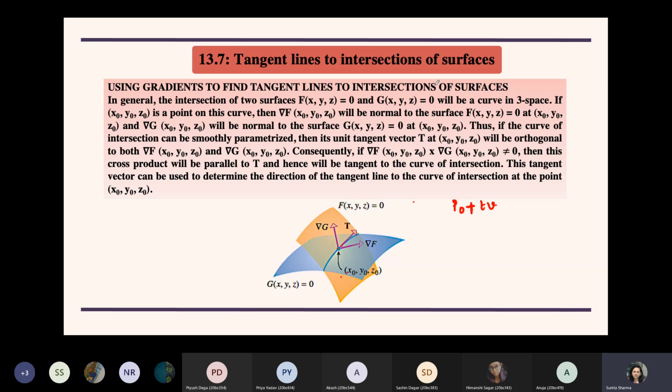These are the three types of questions which can be asked, and there could be slight variations. You can see questions from the exercise also, for example, if you want your tangent plane to be perpendicular to a certain plane, then what kind of a condition? You can see some variations to the type of questions, but broadly these are the questions which you'll be asked from this section.